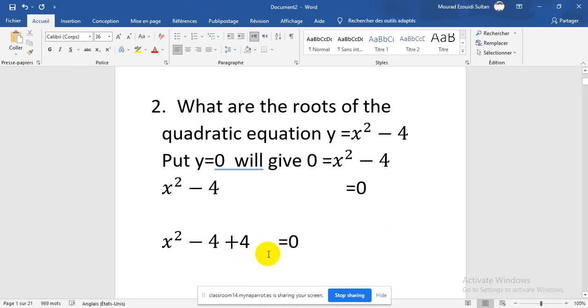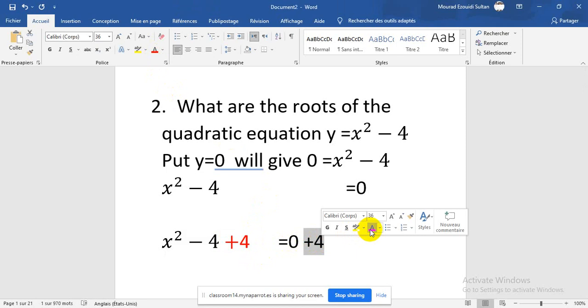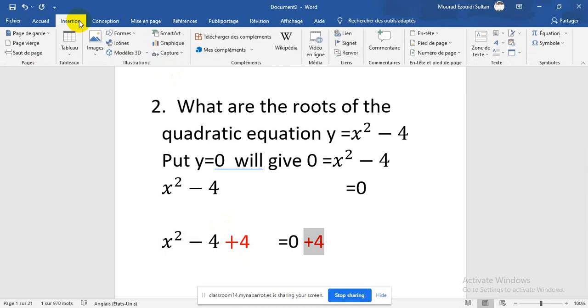Why? Because I want to cancel the 4. So after adding 4 to both sides, negative 4 plus 4 is cancelled out.